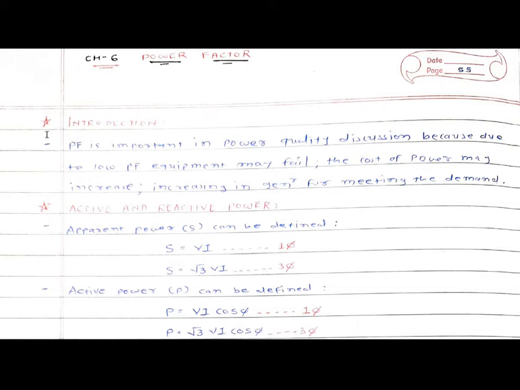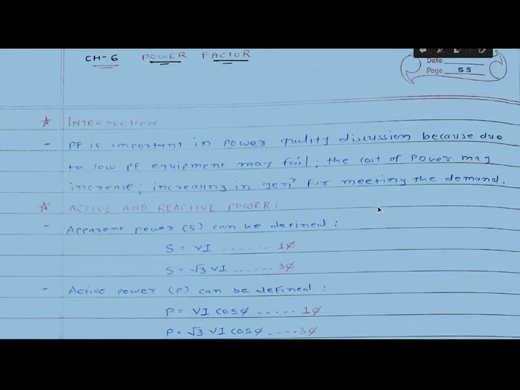So first of all, introduction. Power factor is important in power quality discussion because due to the low power factor, equipment may fail and the cost of the power may increase, so increasing the generation to meet the demand.